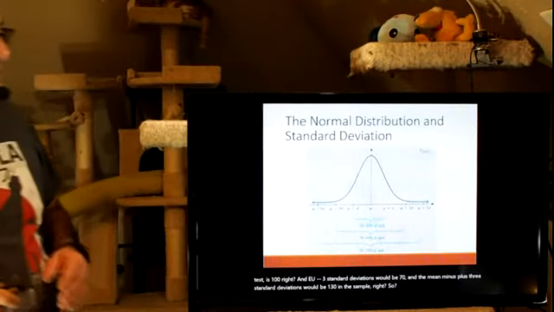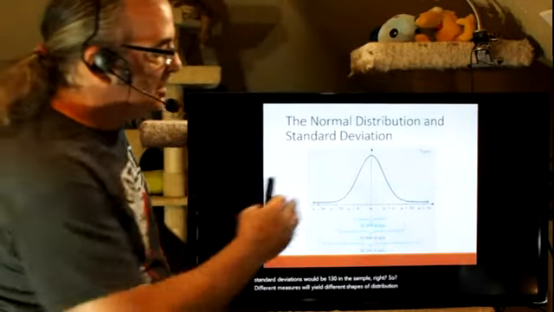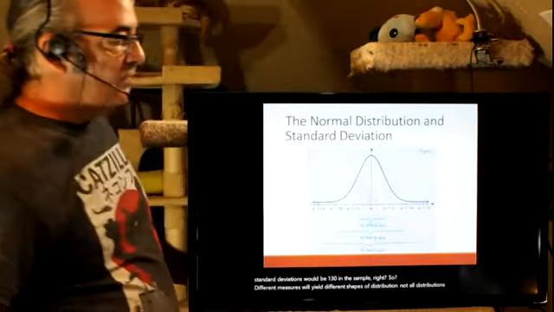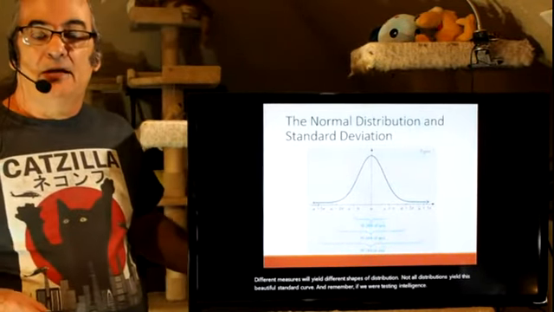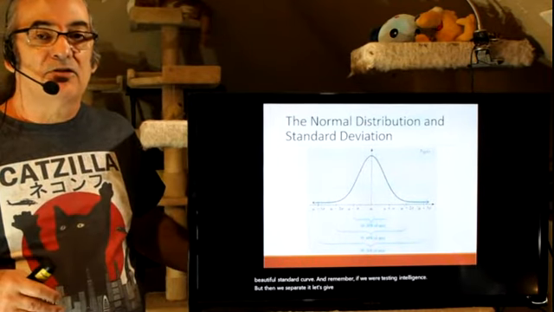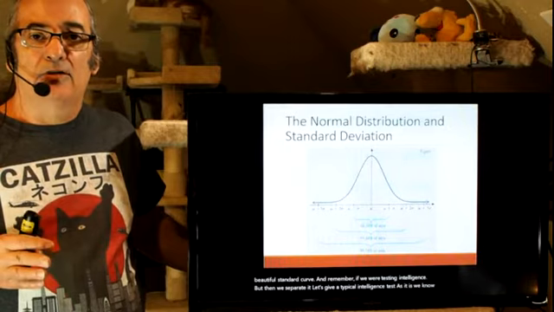Different measures will yield different shapes of distribution. Not all distributions yield this beautiful standard curve. And remember, if we were testing intelligence with a typical intelligence test, we know that they're ethnically biased.